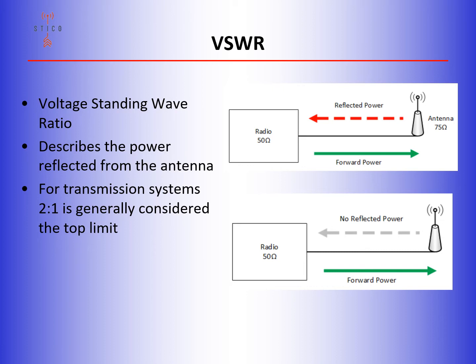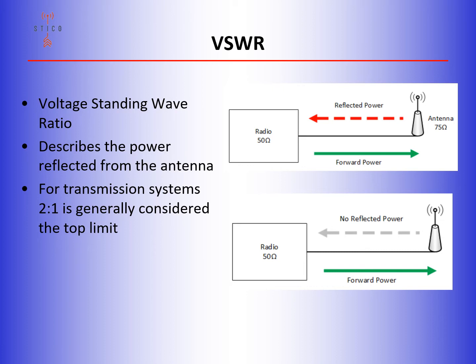VSWR, or voltage standing wave ratio. When you key the microphone of your transmitter, your voice is converted into an electromagnetic wave at a specific frequency. This wave is confined to the feed line and transferred to the antenna. Ideally, all of the energy in that wave would be advanced into the antenna and radiated into space.